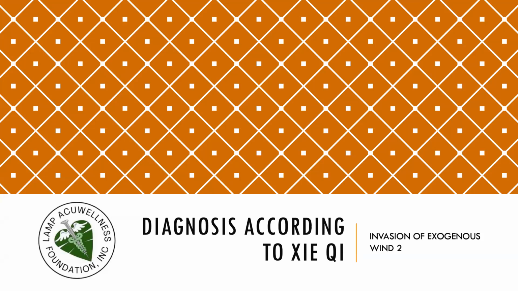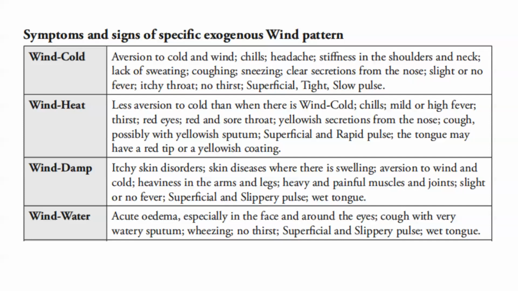Let's continue our discussion on the invasion of exogenous wind as part of our topic diagnosis according to pathogenic chi. The symptoms and signs of specific exogenous wind patterns are the following.